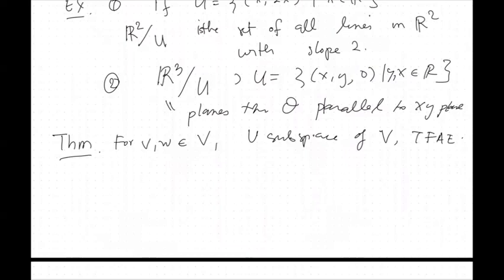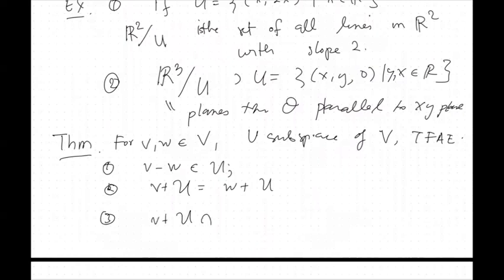Number 1, v - w is in U. Number 2, v + U is equal to w + U. And number 3, the intersection of v + U and w + U is not empty.